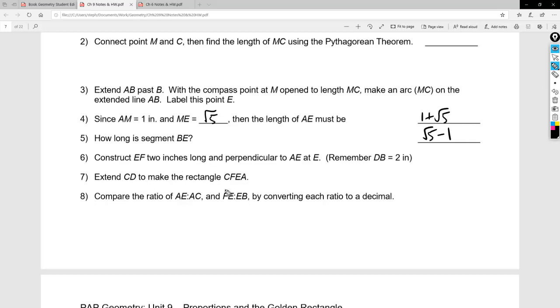We extend to make our rectangle, and then we want to compare the ratio of AE to AC and FE to EB. So if we do that, we end up getting 1 plus root 5 over 2 and 2 over root 5 minus 1. So converting each of these to a decimal, I get 1.618 and again 1.618. So I end up getting the same thing, which is exactly what I wanted.